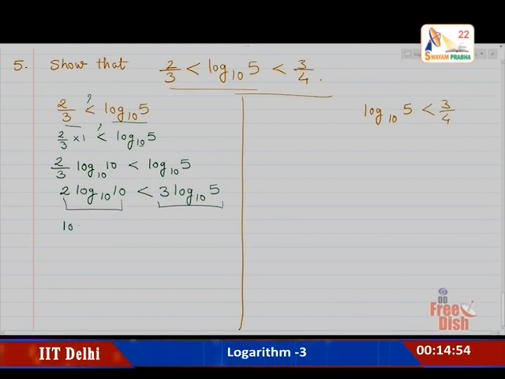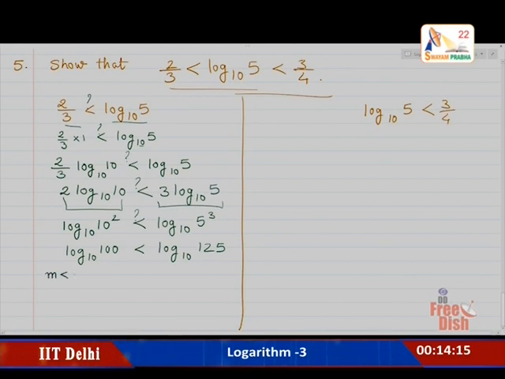So, it is log to the base 10 of 10 square, which will be less than log to the base 10 of 5 cube. Do I know something about this? I know something like log to the base 10 of 100 is less than log to the base 10 of 125.